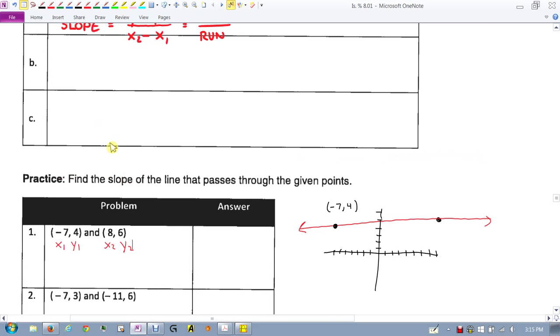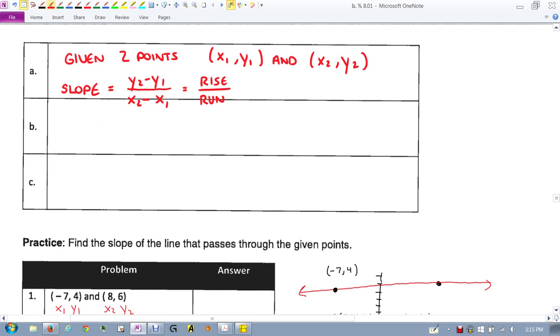In most math books, we use the letter m to represent the slope of a line. So the slope is this calculation, rise over run, which is just m.